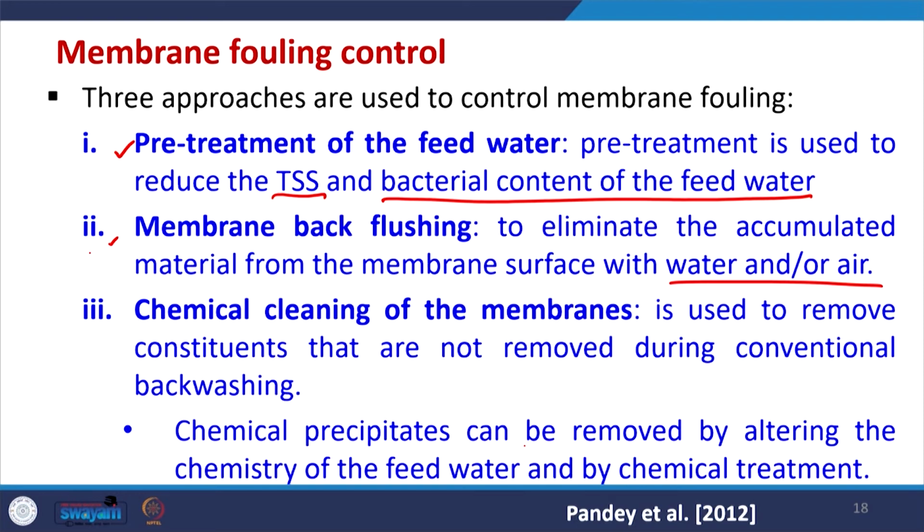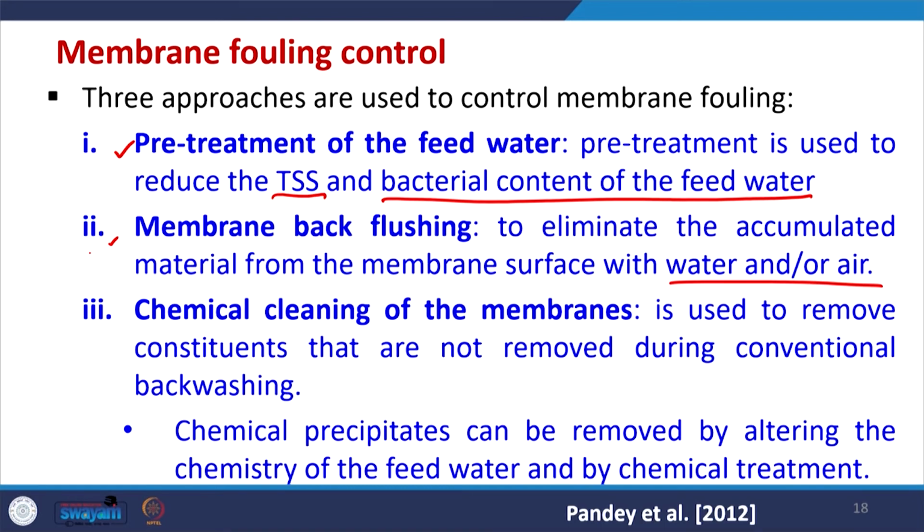Chemical precipitates can be removed by altering the chemistry of the feed water by chemical treatment. So, suppose the retention has happened at a certain pH. Now, for backwashing, we use a pH which is different from that under which the removal was happening.